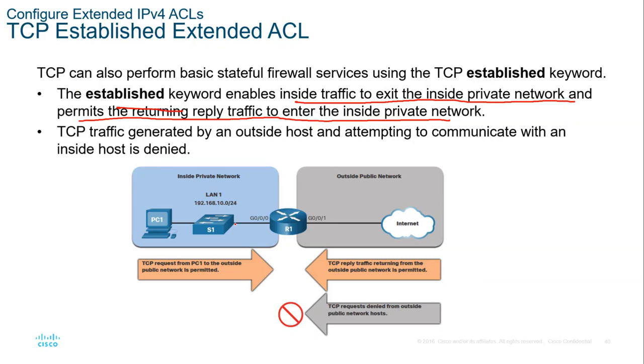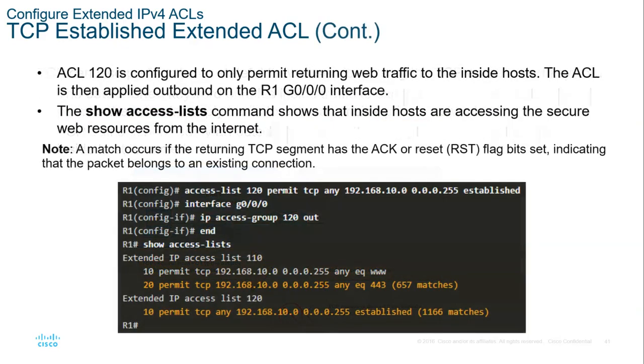So any request generated from PC1 would be allowed to go to the internet and then come back. But it can't start from the internet and come to the PC. It will be blocked by this access control list.